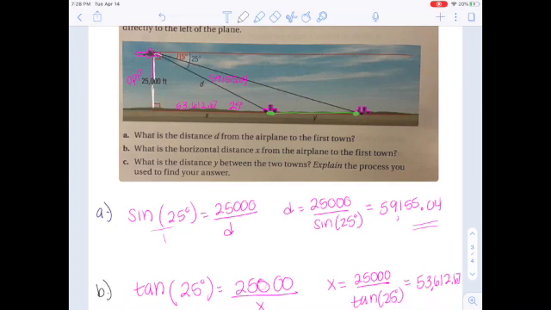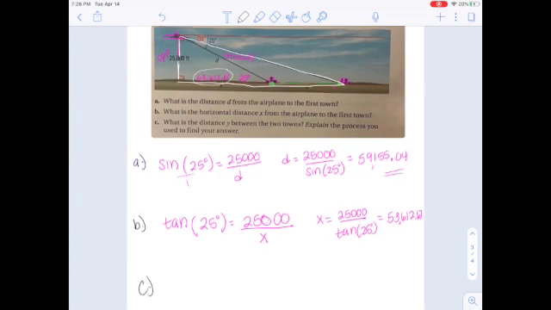I'm going to look at maybe a white big triangle, and y is actually a piece out of that base of the big white triangle here. So if I can find the leg of that white triangle, I can just subtract out the x value that I already found, and then the leftover would be the y value. That's my plan, and that's my process that I'm going to use to find my answer.